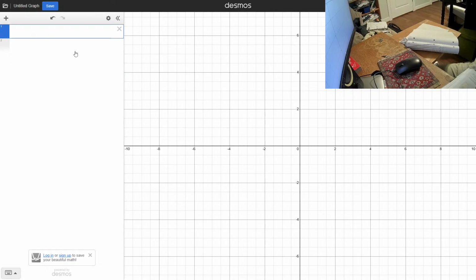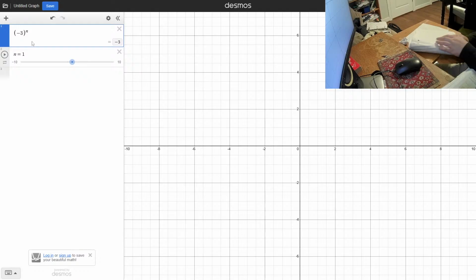And that's the first thing we're doing for my homework. So we have the sequence a subscript n equals negative 3 to the power of n. And we have to write down the first 5 terms of the sequence. So if we have n equals 1, then that's negative 3.